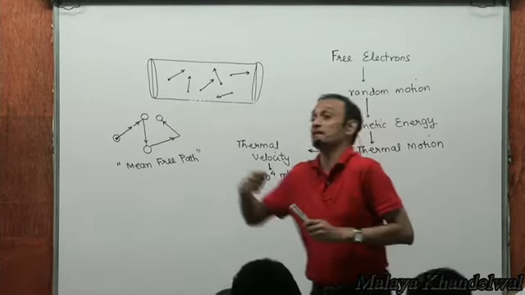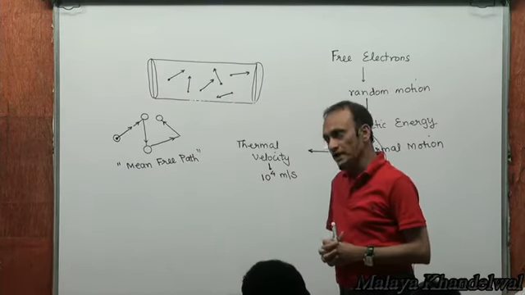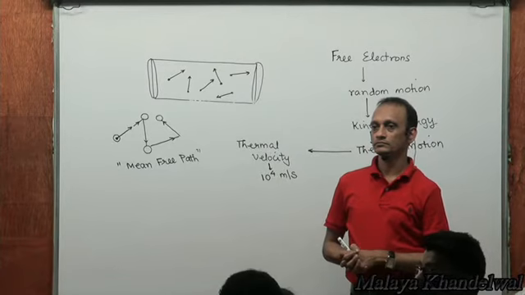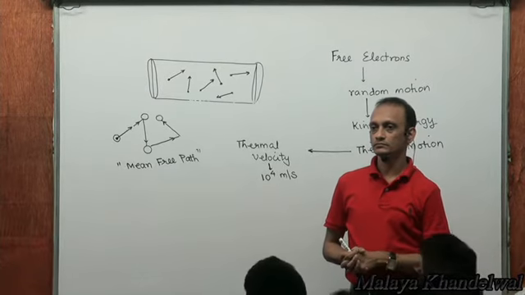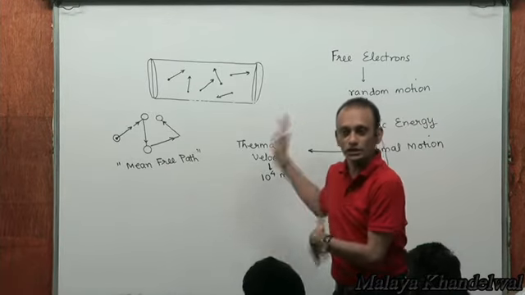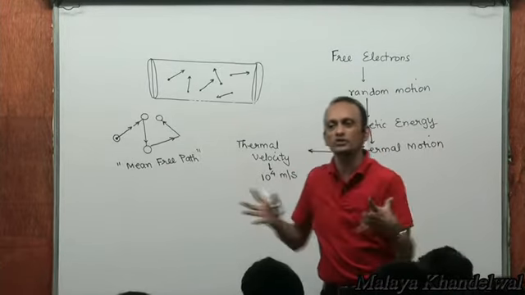It is the distance that an electron traverses between successive collisions, averaged over the many collisions.